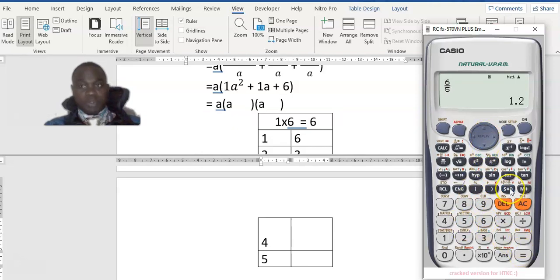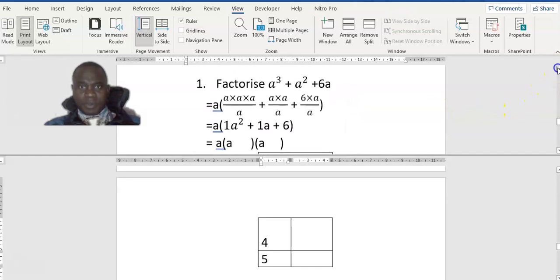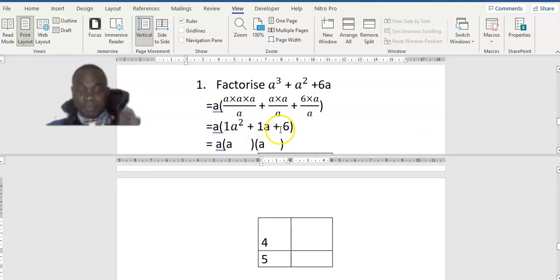No, it's not possible. 6, we already have 6 here, so we cannot continue with 6. So you leave this one as it is, like that. You cannot factorize it. Grade 9 level. Okay. Let's move on to the next one.